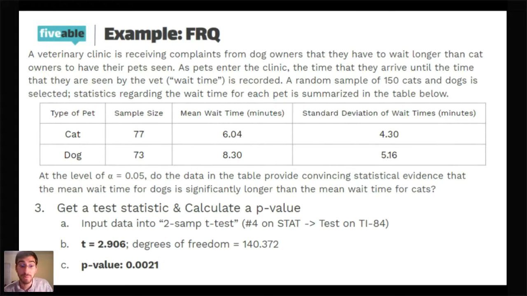So a lot of people are going to end up getting different t-values, either negative or positive, depending on what order they wrote their stuff in. But what we have to look out for is, does your t-test statistic match your hypotheses? And does your p-value match your hypotheses based on your test statistic? That's when people start losing credit.